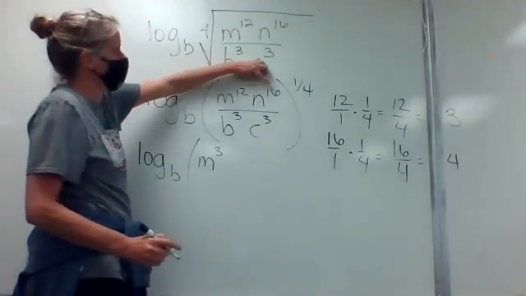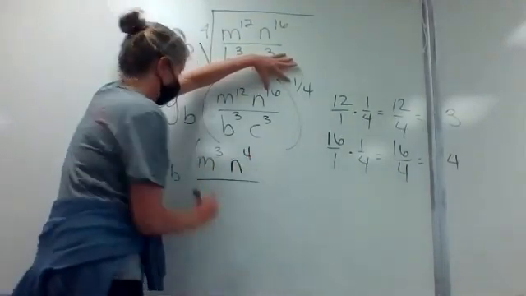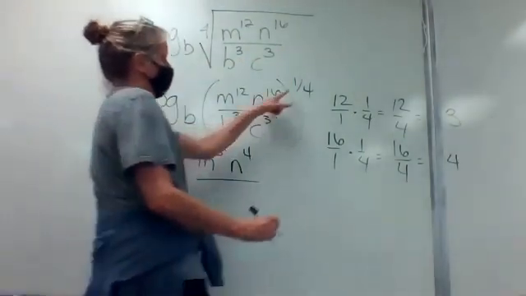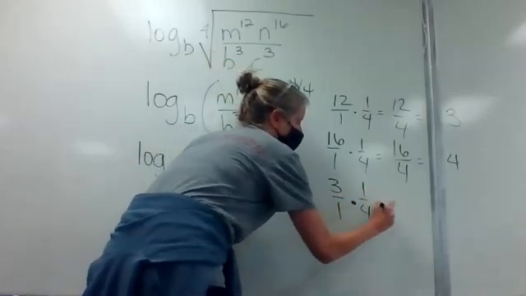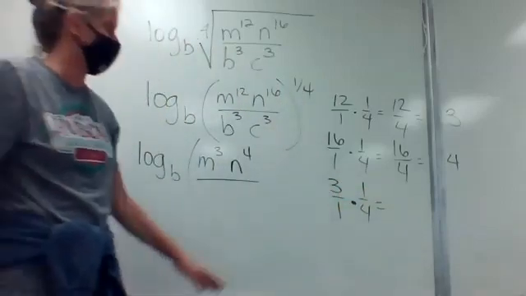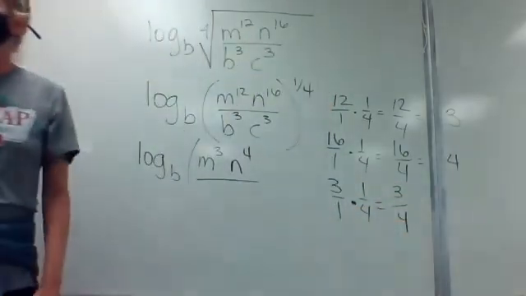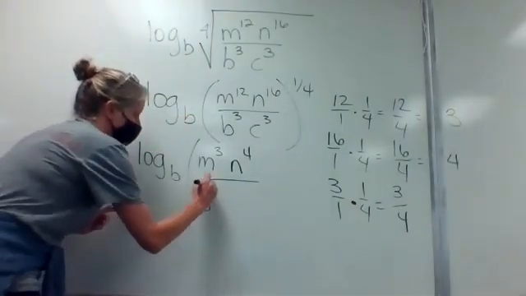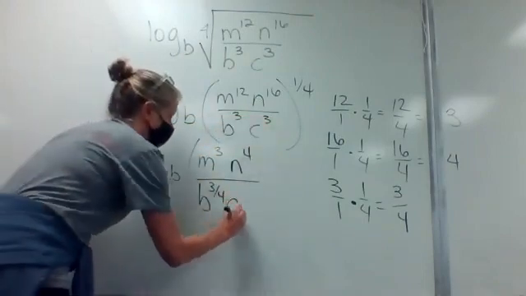So now I've got n to the 4th power over b, which is being raised to the 3 and 1/4, so 3/4. When I multiply those together, I get 3/4, and that one doesn't simplify. So b's exponent is 3/4 and c's is the same.